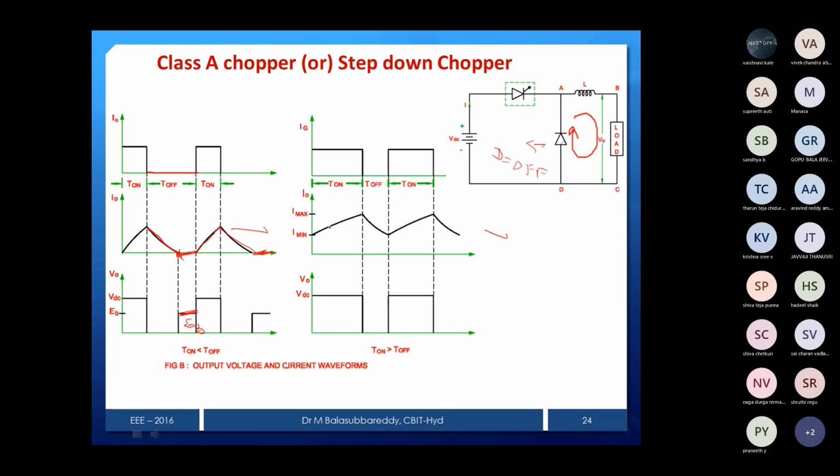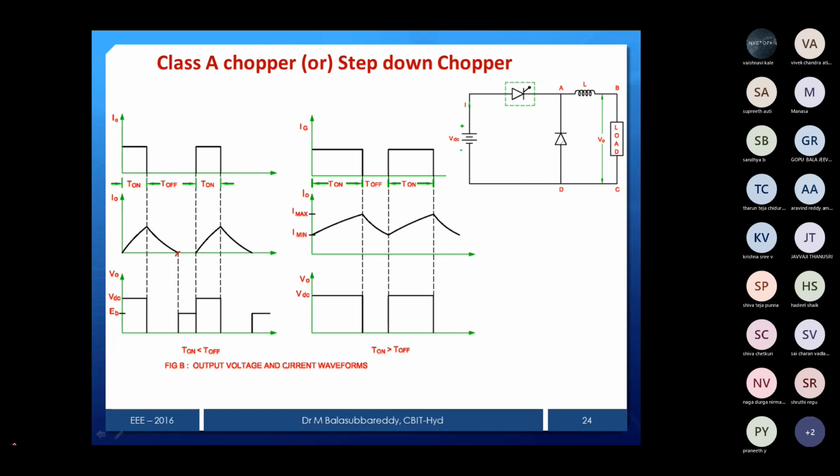In continuous mode, the current starts from the minimum and reaches the maximum, then again decreases to the minimum and rises to the maximum. In discontinuous mode of operation, whenever the off duration is large, the current reaches the natural 0. It becomes a discontinuous mode of operation. In discontinuous mode, the current reaches the natural 0. So this is the difference.